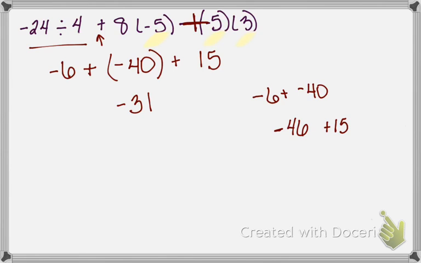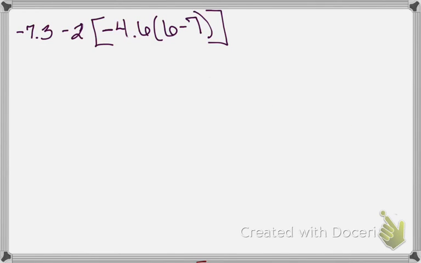So my answer is going to be negative. And because I have different signs, what am I going to do with those absolute values? Subtract. Excellent. Okay? And that was what a lot of the video on Friday was about. Addition, subtraction, all that good stuff. Okay, so go back and if you're not quite sure what I'm talking about, don't hesitate to go back and review that. Okay, here we go.